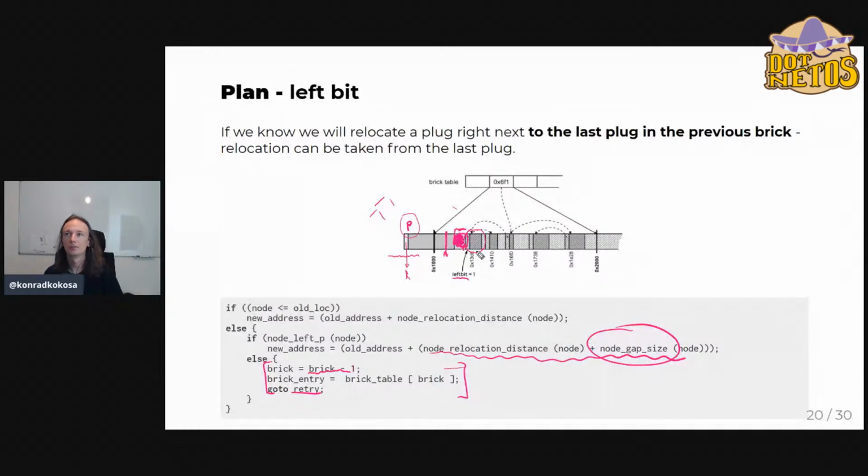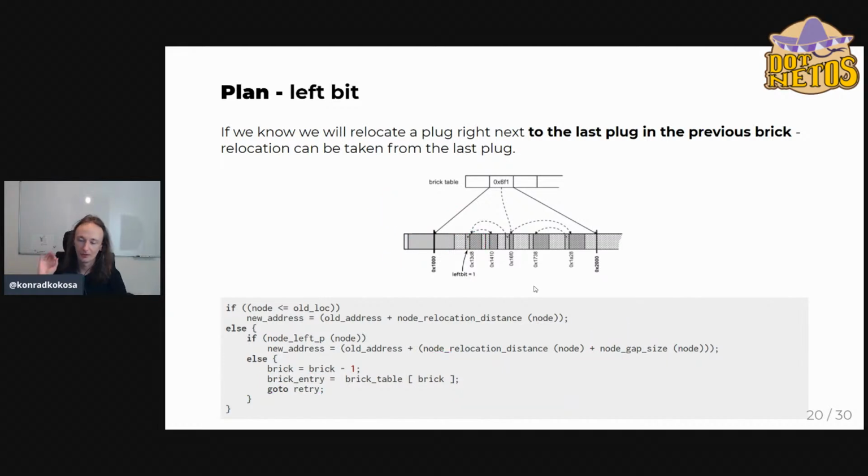In the end, we are just using information from the node that we have already visited. So much less traversal, and this is the edge case for which we optimize. Maybe it happens, I don't know how often, but I need to explain everything, so this is why we have this left bit for this particular edge case.